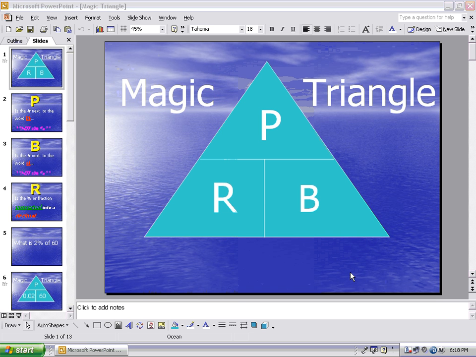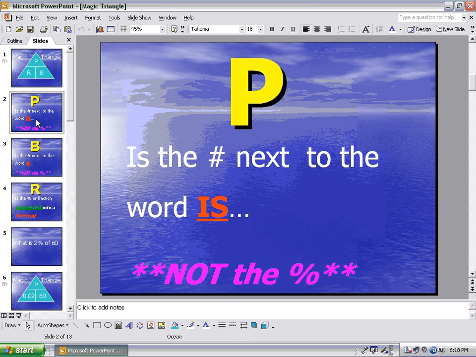When you do that, you get your answer as follows. Now, the first thing I want to do is explain to you how you identify the differences between P, R, and B. First is P. P's the number next to the word is in the sentence, in that question. Now note that it's not the percent. If there's a number next to the word is, you put it in the top of the triangle where the letter P represents.